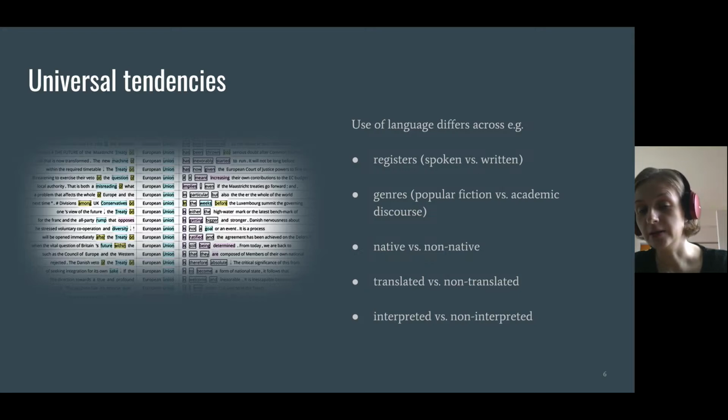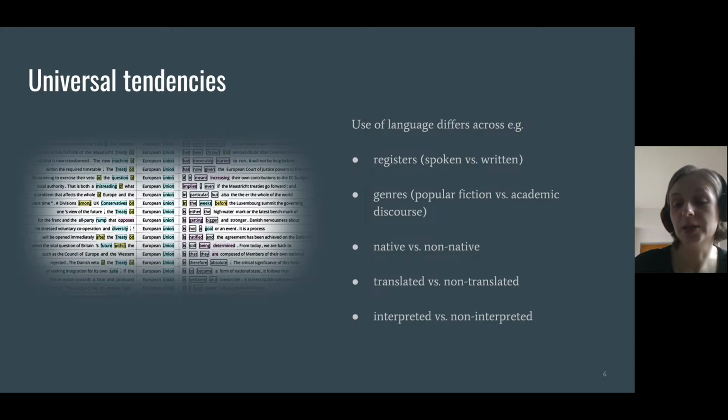Also, native users and non-native users of language use language differently. And translations and non-translations present a completely different, or maybe not a completely different, but slightly different language use. And the same case is interpretation, so spoken translation.